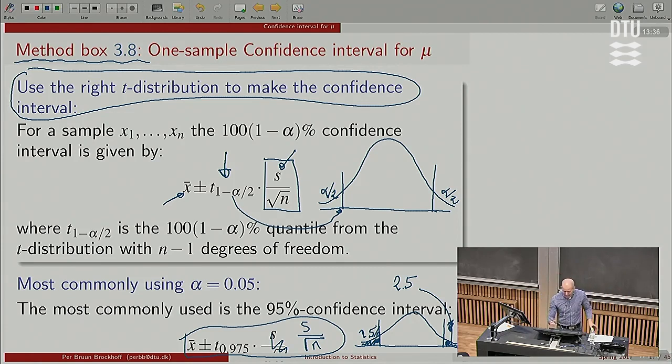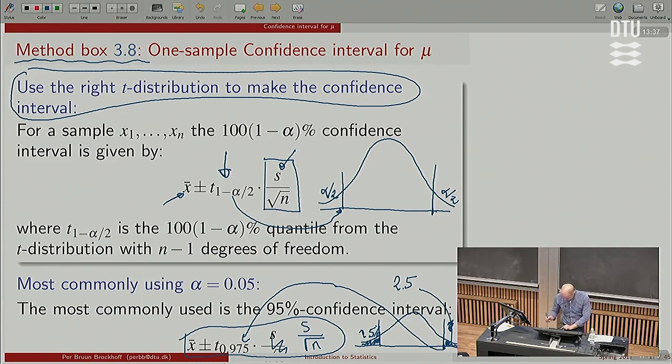A quantile, for instance this number here, is called t subscript 0.975. It's the 97.5% quantile in this distribution. What is a quantile? That's the point that has 97.5% probability mass to the left of it and 2.5% to the right of it.